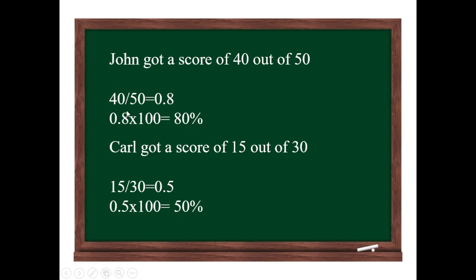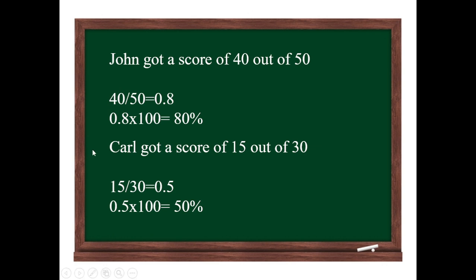John scored 40 out of 50, so we are going to divide 40 by 50 because there are 50 items. 40 divided by 50 is equal to 0.8. In raw and percentage scores, we always multiply by 100 once we compute the percentage.